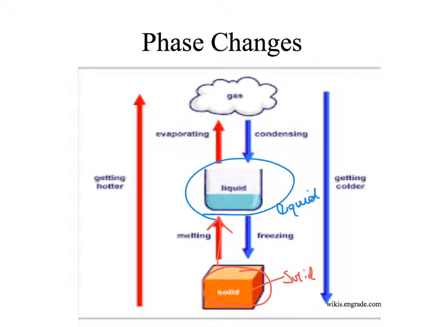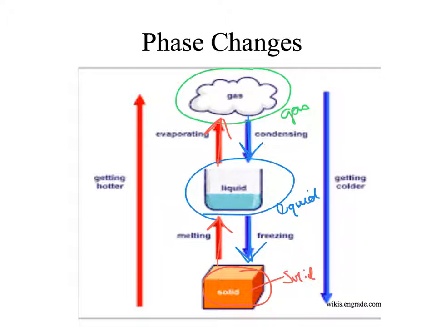We can go from a liquid and get it back to a solid by freezing. We can go from a liquid to a gas. You can take that liquid and evaporate it to get it to the gaseous state, or you can take that gas and condense it and get it to the liquid state. So you can have phase changes associated with going back and forth between these different states.